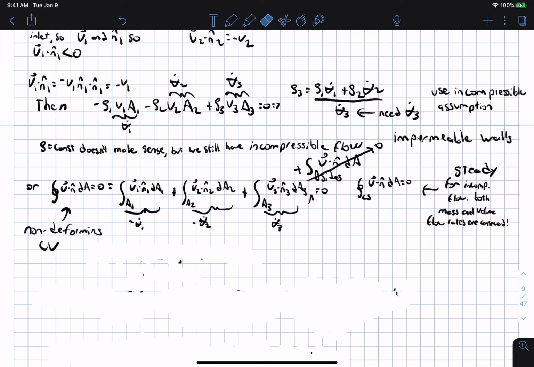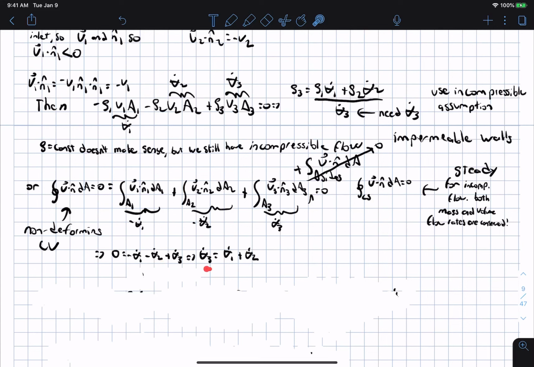Okay, so all these nasty integrals just turn into volumetric flow rates going through the respective surfaces. And so this implies that 0 is equal to minus V dot 1 minus V dot 2 plus V dot 3.